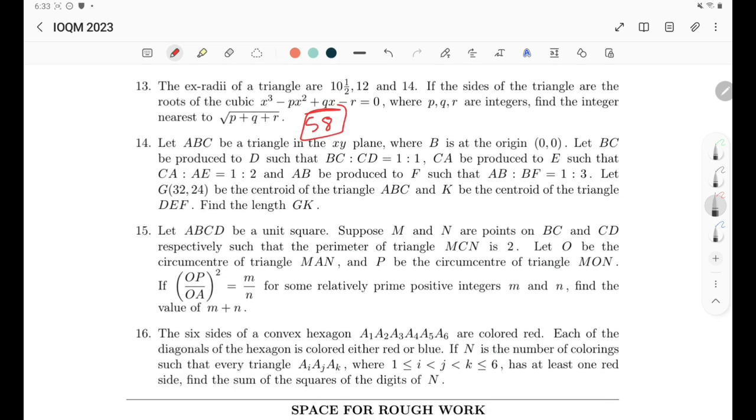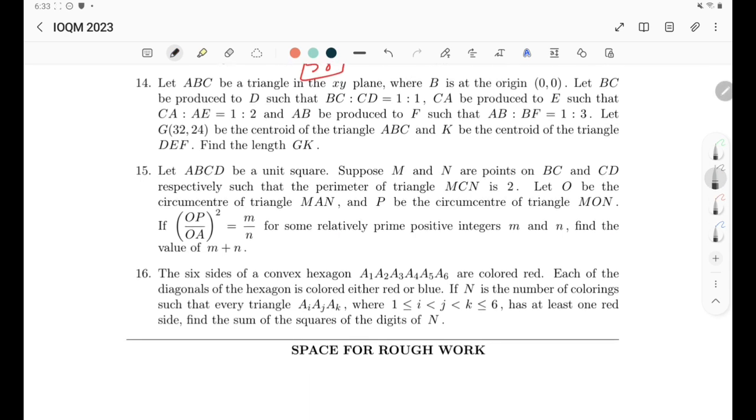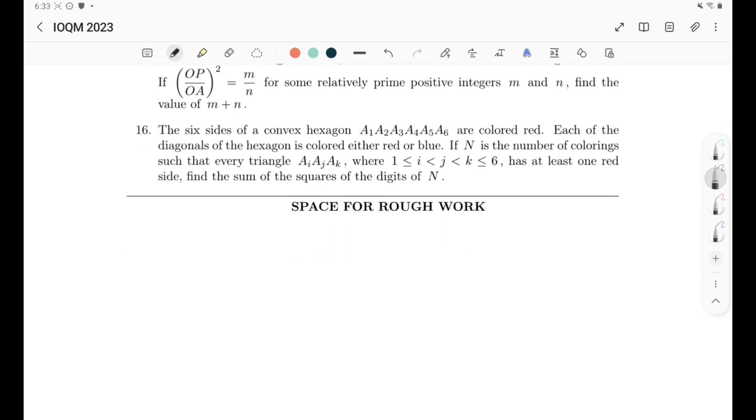Okay, we're done with that. Now we've got a coordinates question. Okay, let's draw it right away. They're giving us B is the origin of ABC. Okay, I'm going to draw it here.